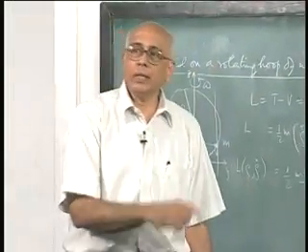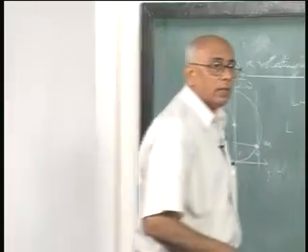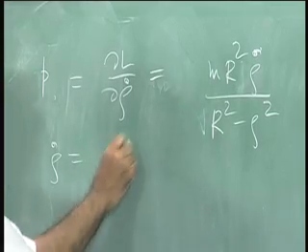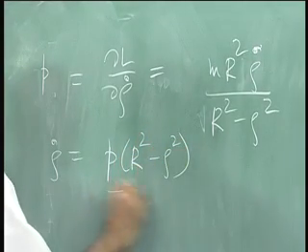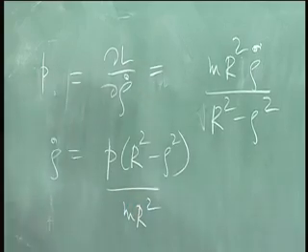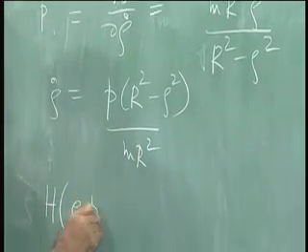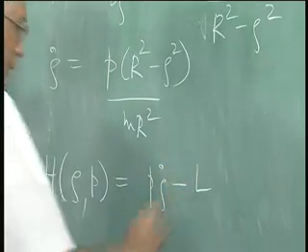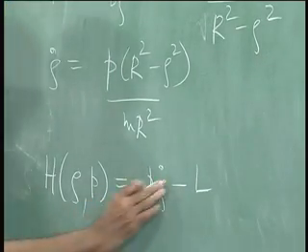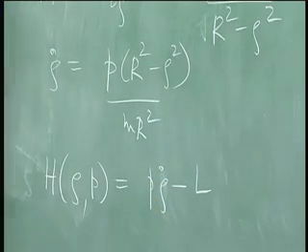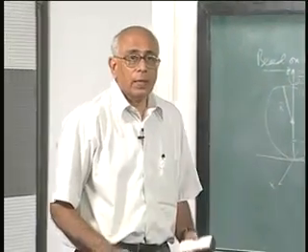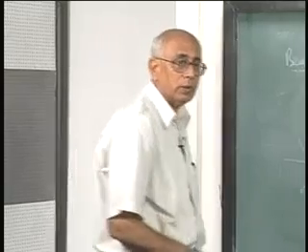It is the momentum conjugate to rho, and the next step is of course that you must write this as rho dot equal to P times r squared minus rho squared over m r squared, and then you must find the Hamiltonian, which is a function of rho and P, equal to P rho dot minus L. But you must be careful to remove all rho dots on the right hand side and express everything in terms of P and rho, and that would be the Hamiltonian.